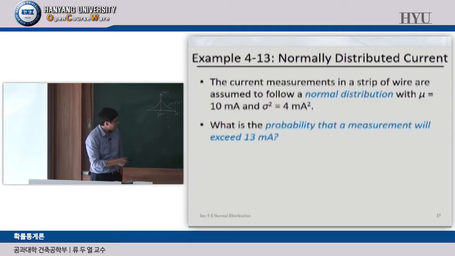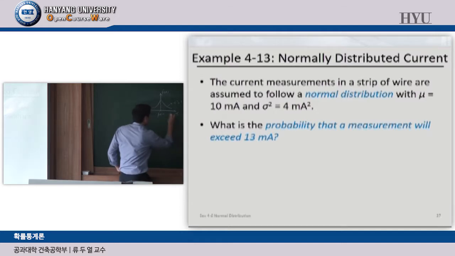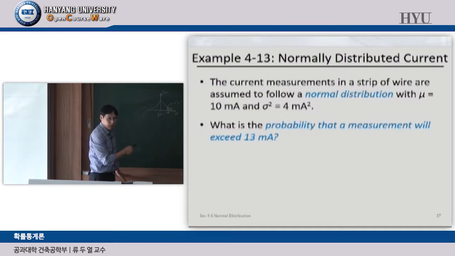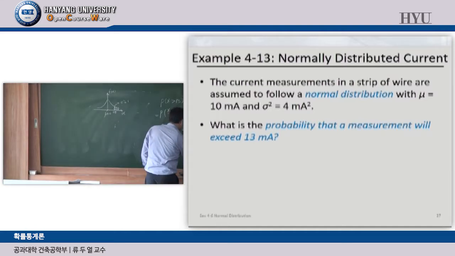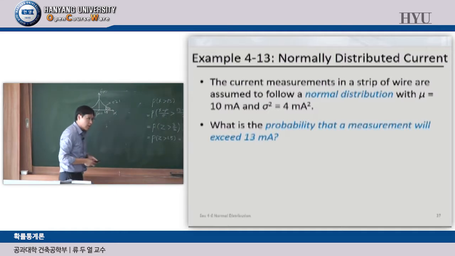In that case, Z is the standard normal random variable, and this will be this shaded area. If we want to use the appendix table, this should be changed to 1 minus the probability that Z is smaller than or equal to 1.5.